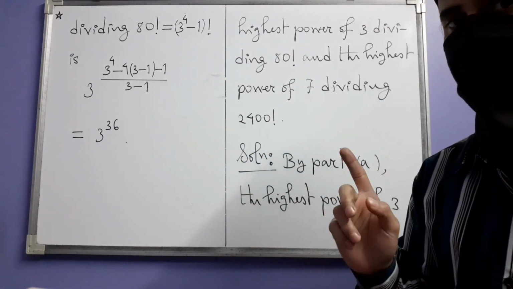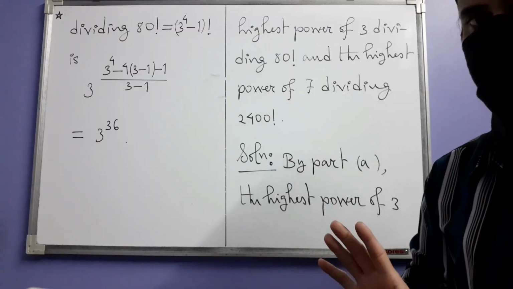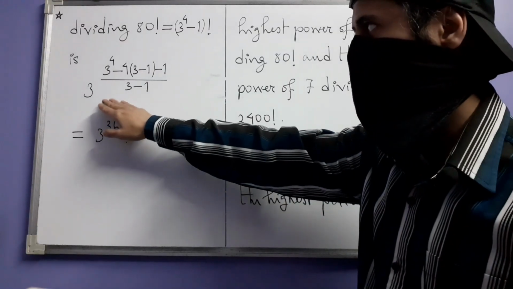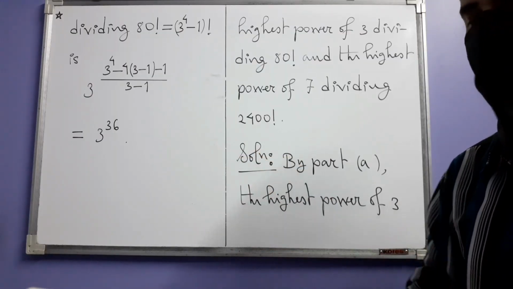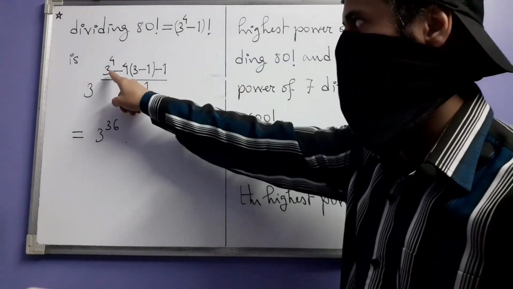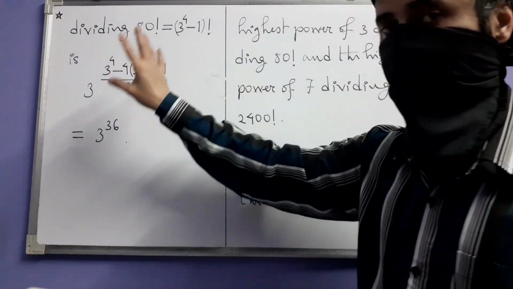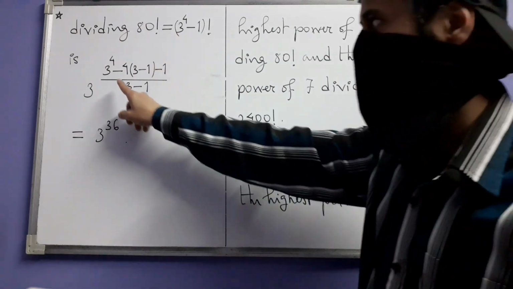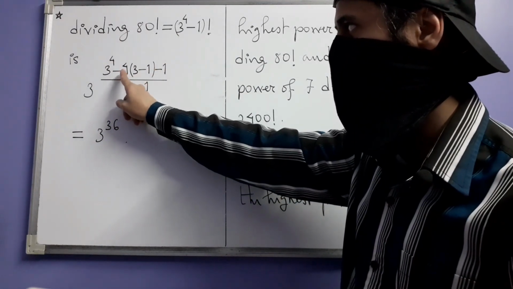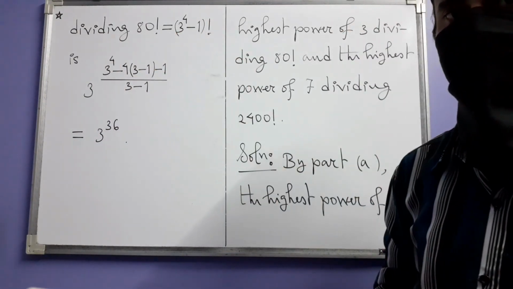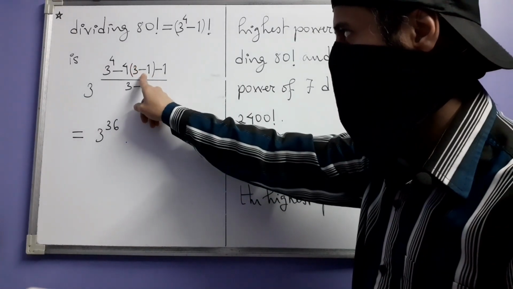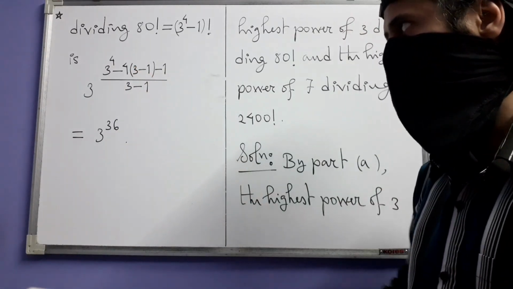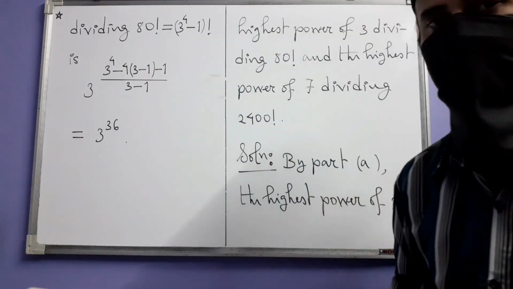Keep in mind highest power, okay, not just the exponent. So we need to write 3 to the power that thing that we found in part A, which in this case is 3 to the power, I am talking about the exponent only, 3 to the power 4 minus 4. This 4 is actually that k, and p here is 3, times 3 minus 1 divided by 3 minus 1, and this is 36.